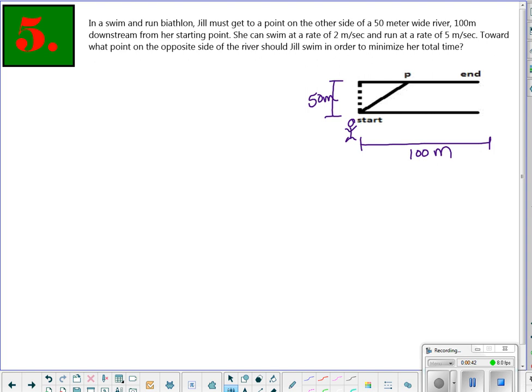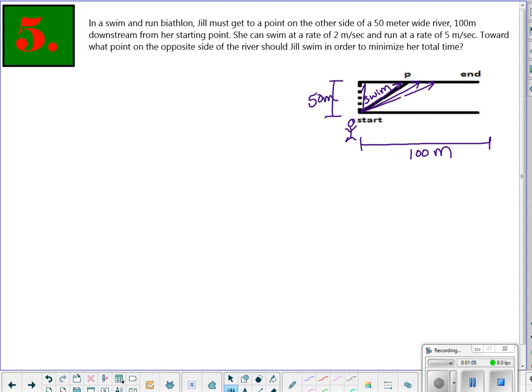She can swim at a rate of 2 meters per second and run at a rate of 5 meters per second. Toward what point on the opposite side of the river should Jill swim in order to minimize? So what we have is Jill doing her swim across the river. Well, there's going to be a point that's most efficient. How far down should she swim?